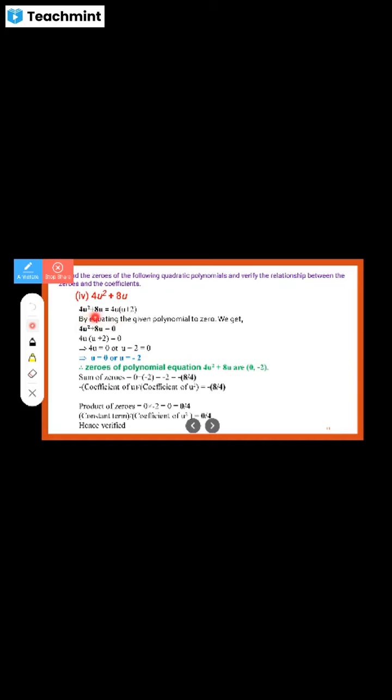So 4u square plus 8u is equal to 4u in multiplication, that is 4u into bracket of u plus 2 is equal to 0. U is equal to 0.